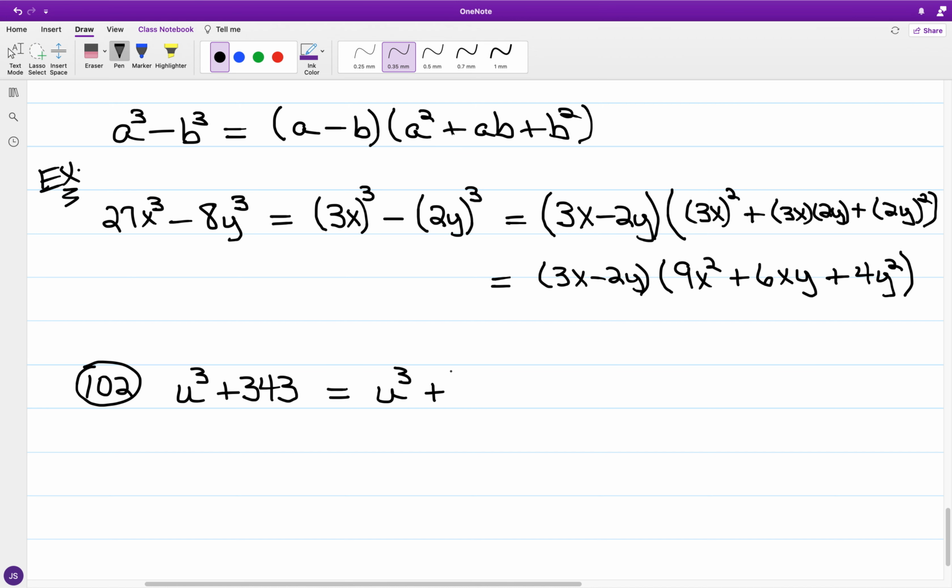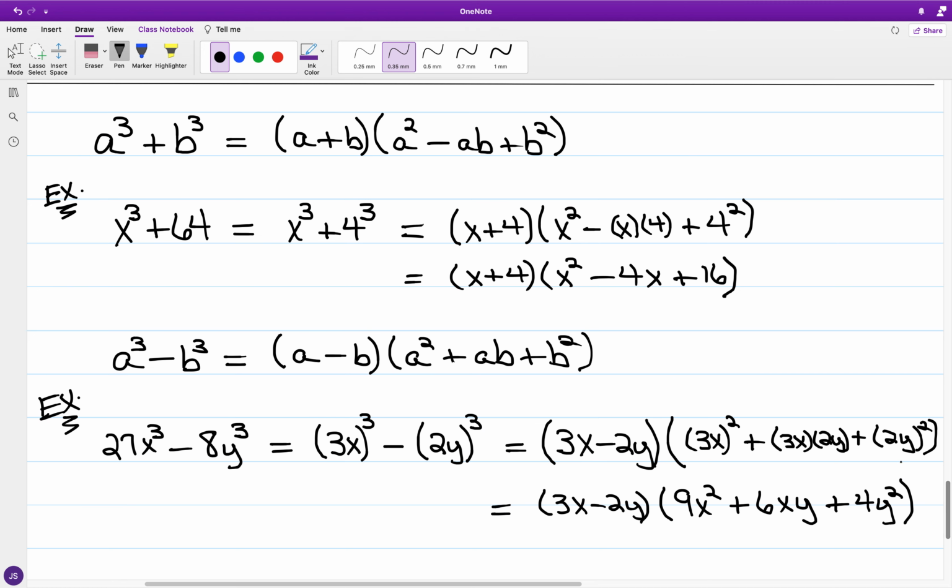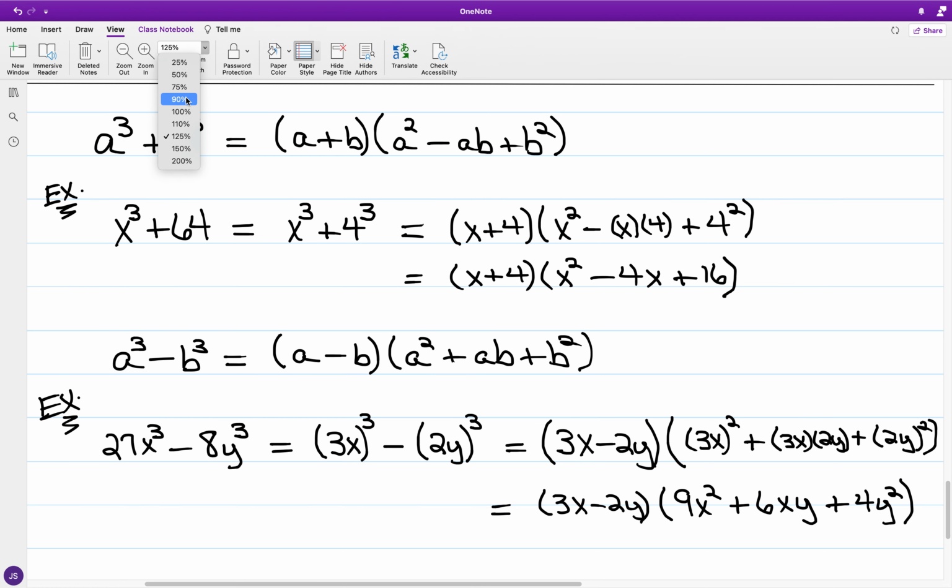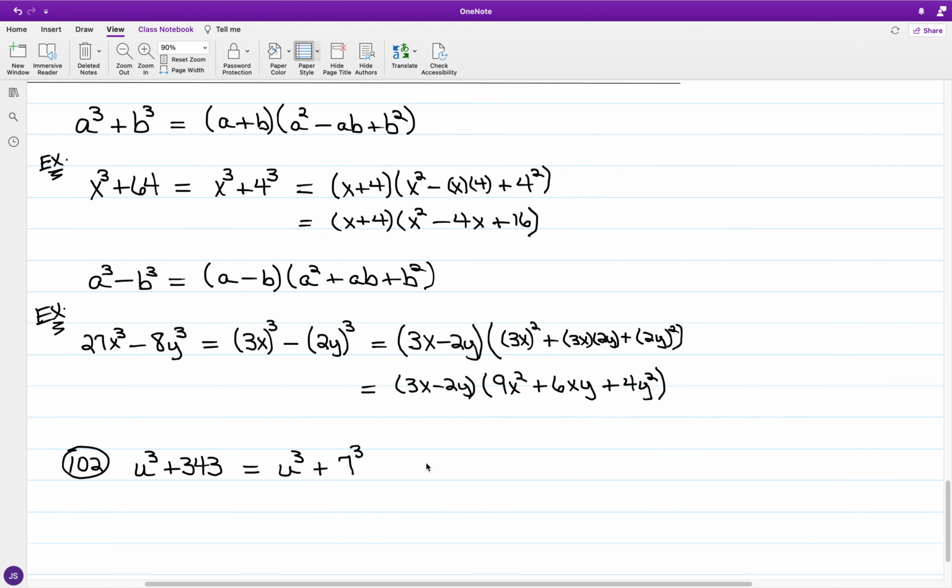perhaps not a number that you see very often, but it happens to be a perfect cube, and that's going to be 7 times 7 times 7. So you have the cube of 7. Okay. And just taking what we have here with the sum of cubes. Okay, so you have a plus b is represented by u plus 7.